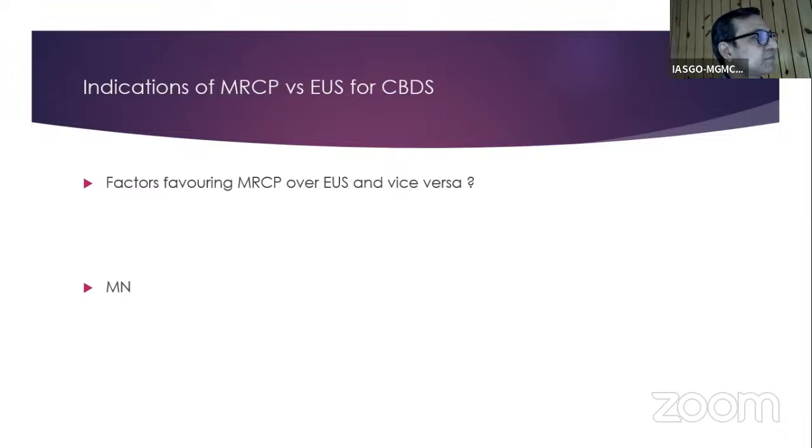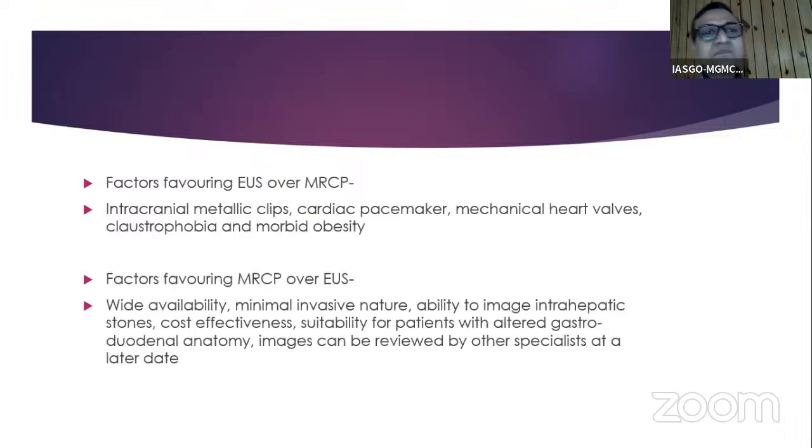MRCP is basically a non-invasive investigation, vis-a-vis EUS, where you have the risk of anesthesia and all. But with MRCP, you can delineate the entire biliary tract, and you can also pick up CBD stones, especially when you have abnormal anatomy. So both of them complement each other, and they have reasonably good sensitivity and specificity.